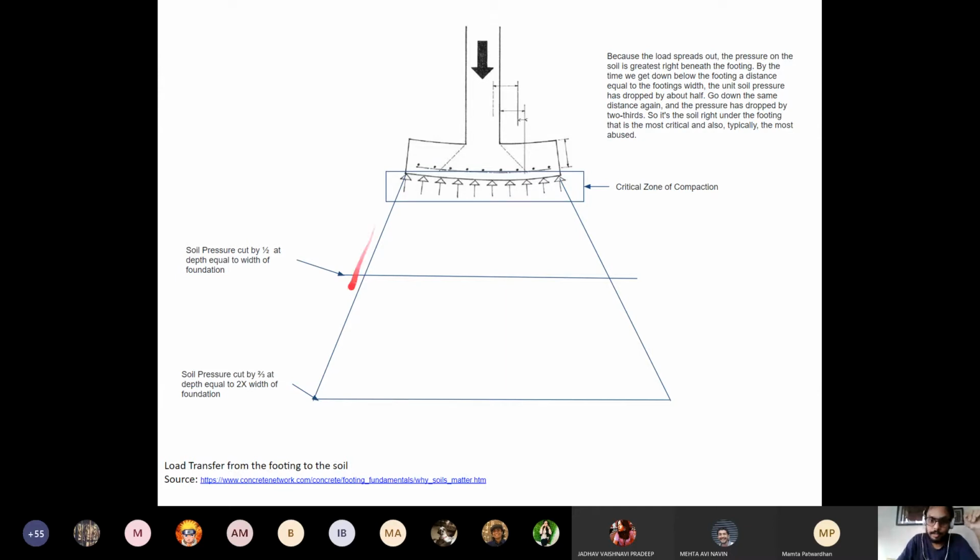This critical zone of compaction is the reason why, before you put your foundation on the ground, you also strengthen that part. So you will generally do a rubble work, or you will put rubble work, sand and PCC, in order to strengthen the critical zone of compaction.